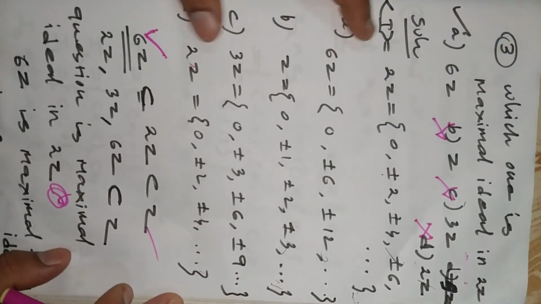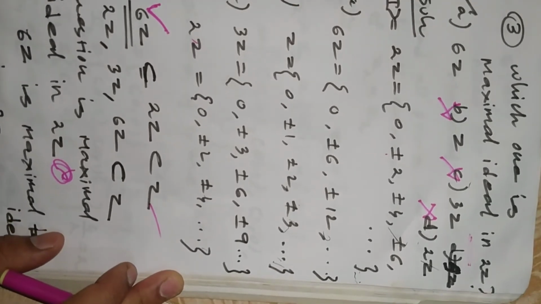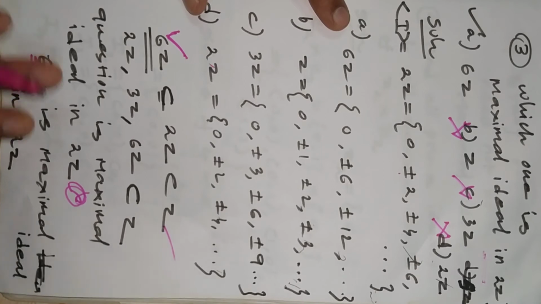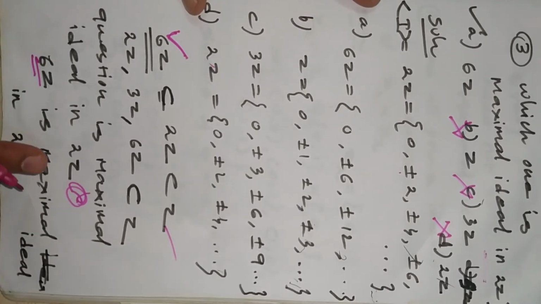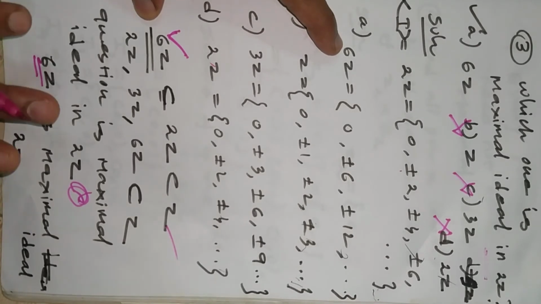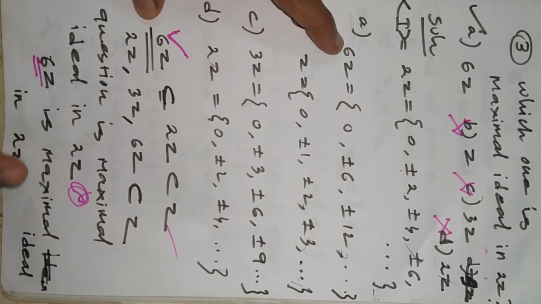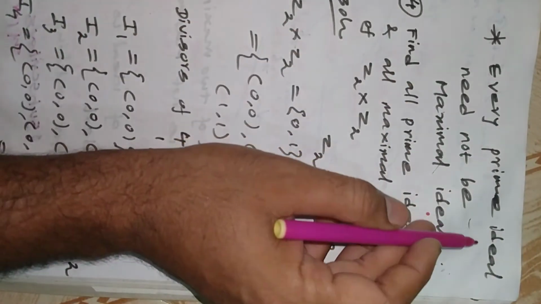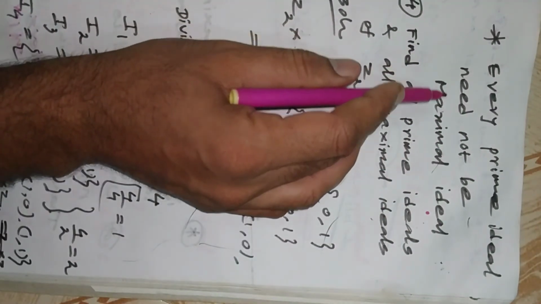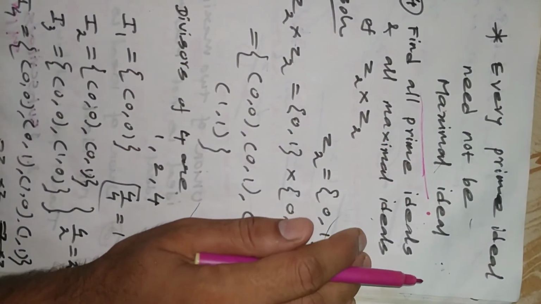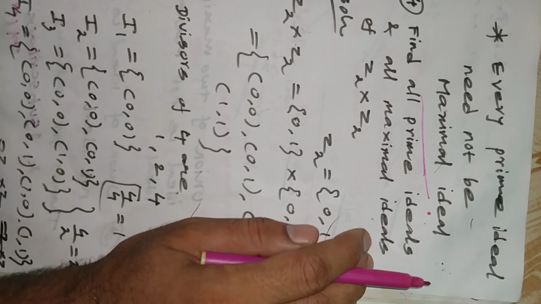For example, take this third problem. 6Z is not a prime ideal, well known, but it is a maximal ideal, am I right? So every prime ideal need not be a maximal ideal, but every maximal ideal is a prime ideal.